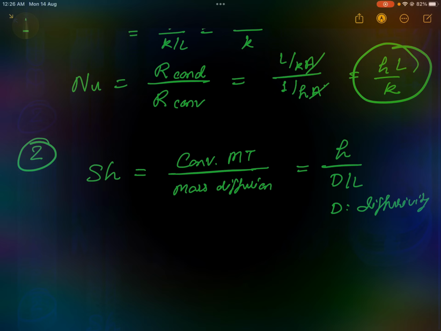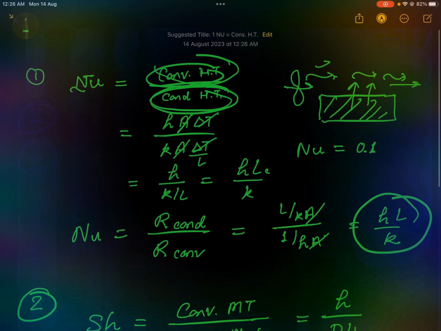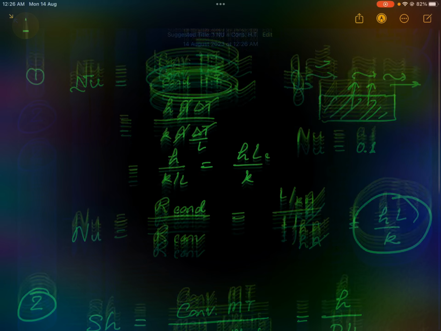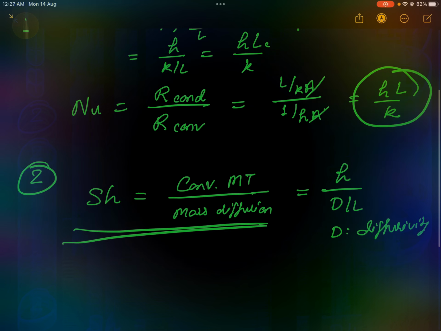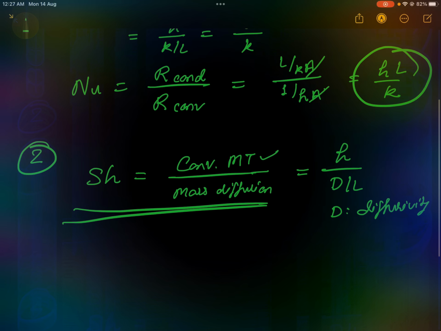So it is very much similar to the Nusselt number, because the Nusselt number shows the relation between the convection heat transfer and the conduction heat transfer. Likewise, the Sherwood number shows the relation between the convection mass transfer and the mass diffusion rate.